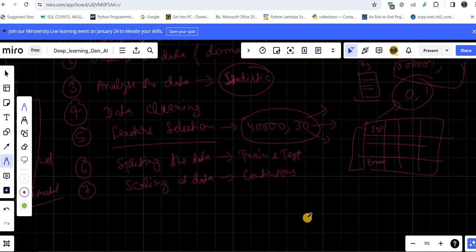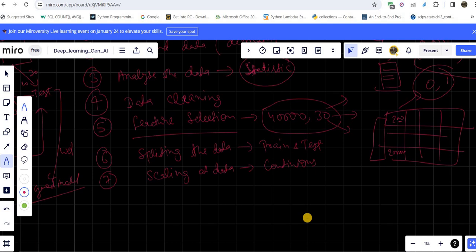So this is now the eighth step. The eighth step is encoding the data. Encoding of data. This is for the categorical data. Now, what does it mean?